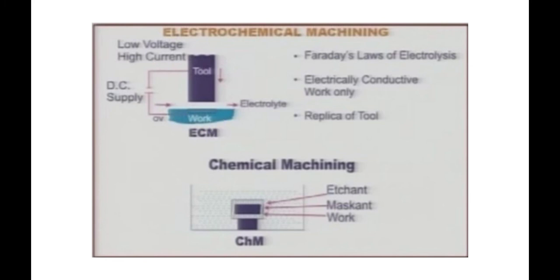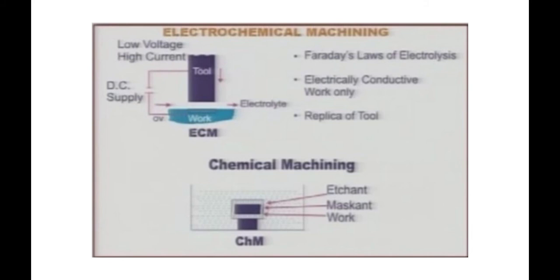And in this way you can machine any hard material. Now it is the chemical and metallurgical property of the workpiece which affects the performance of the process, rather than the mechanical property of the workpiece. That is, hardness is no more a barrier in this kind of process, as we find in the case of conventional processes.